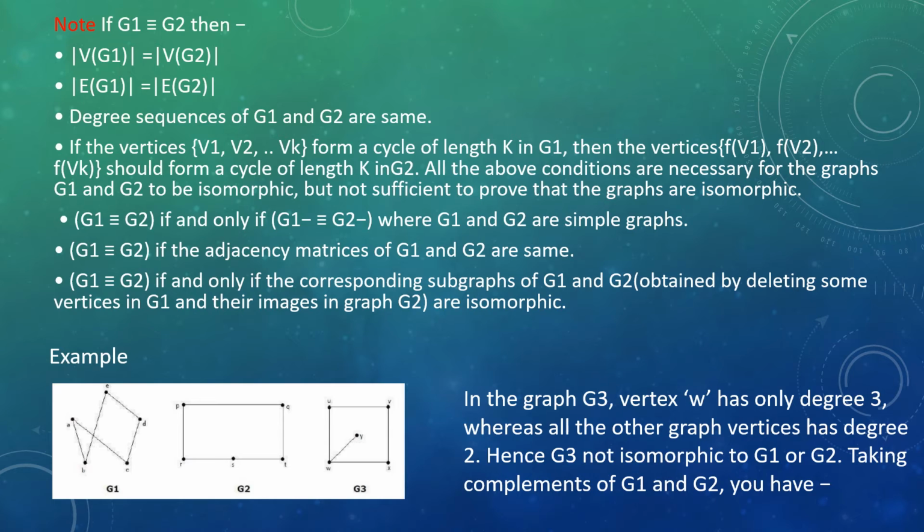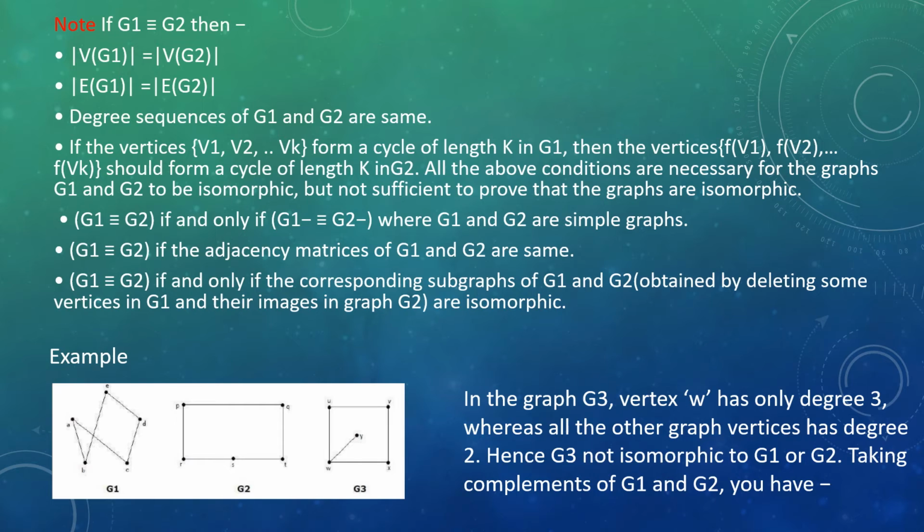G1 is similar to G2 if and only if the subgraphs of G1 and G2, obtained by deleting some vertices in G1 and their images in G2, are isomorphic. Examples: in the graph 3, vertex W has degree 3, whereas all the other graph vertices have degree 2.